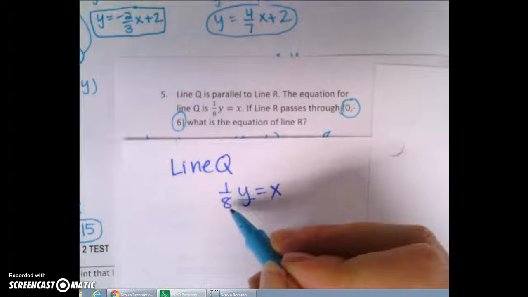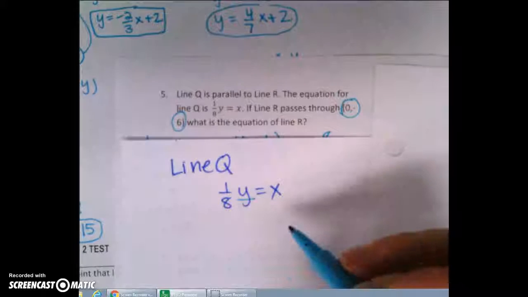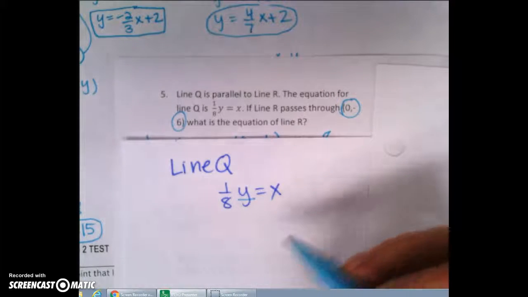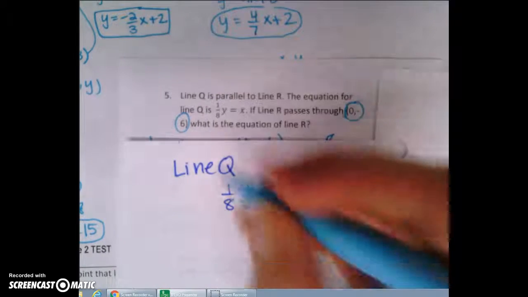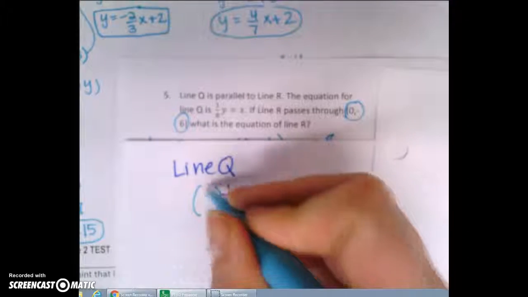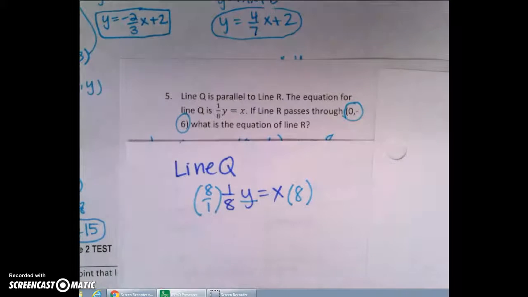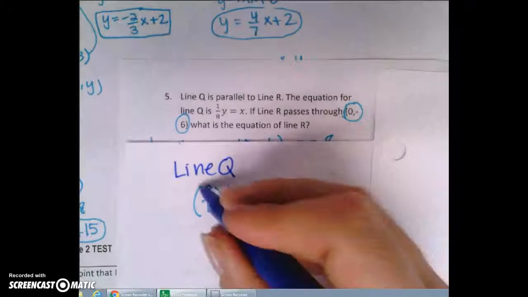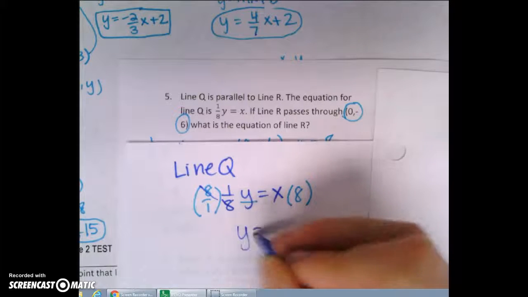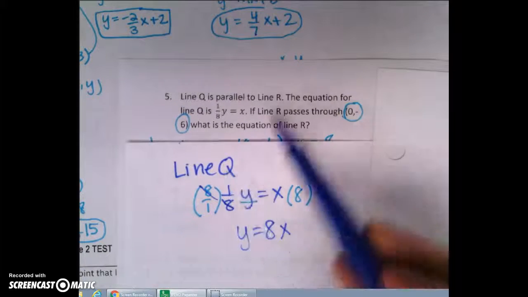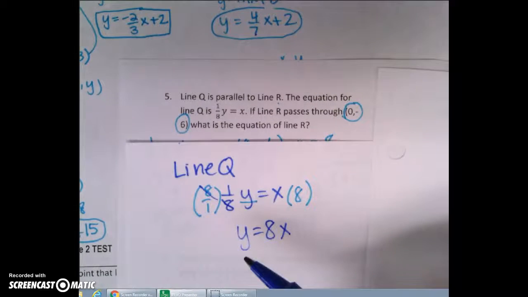Y is being multiplied by 1/8. What's the opposite of multiplying by 1/8? Dividing by 1/8. How do you divide your fractions? Multiply by the reciprocal. The reciprocal of 1/8 is 8. I'm going to multiply to both sides to keep my equation balanced to end up with y equals 8x. I know that line Q and line R are parallel.